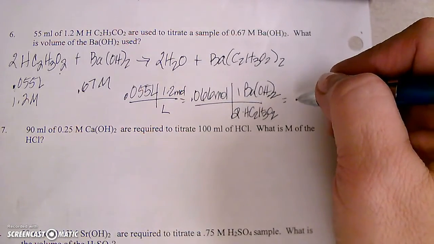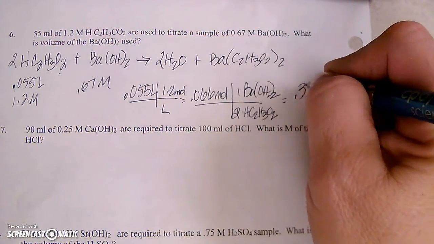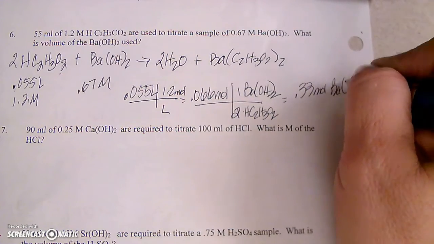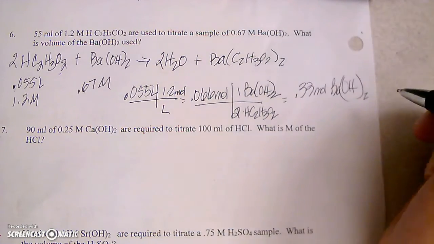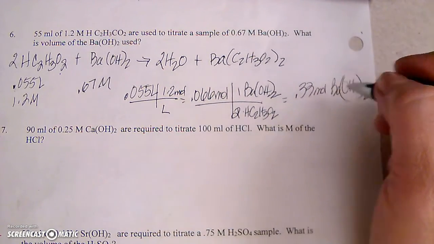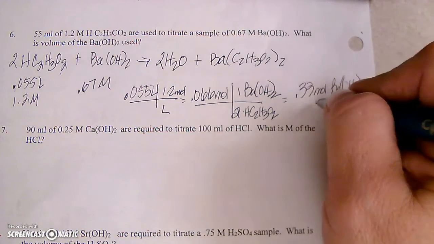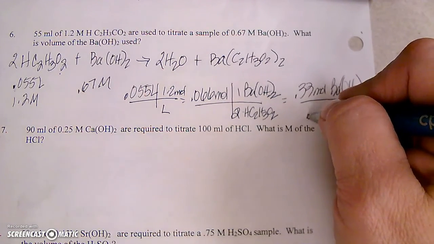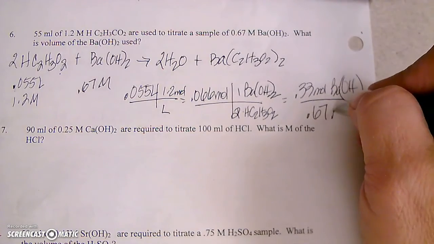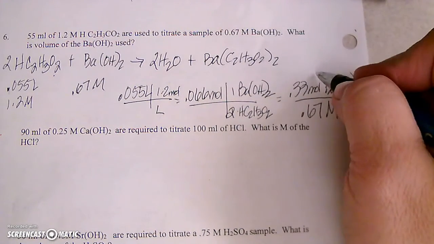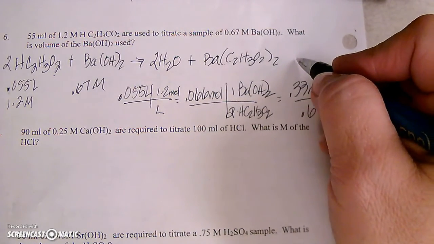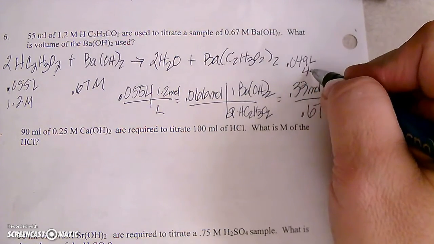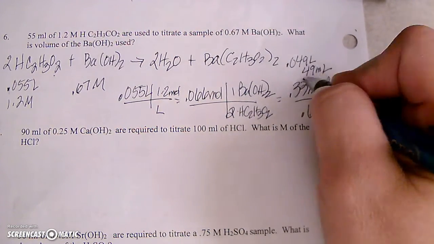And that gives us 0.033 moles barium hydroxide. And we want to know volume, so we have to divide by the molarity, which was 0.67, and that will give us 0.049 liters, which is 49 milliliters.